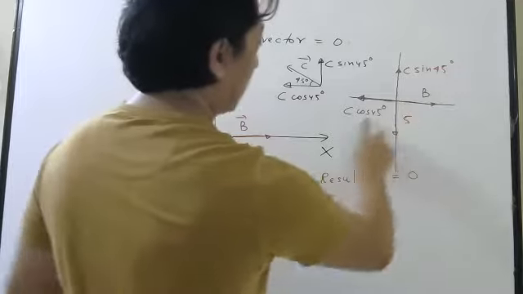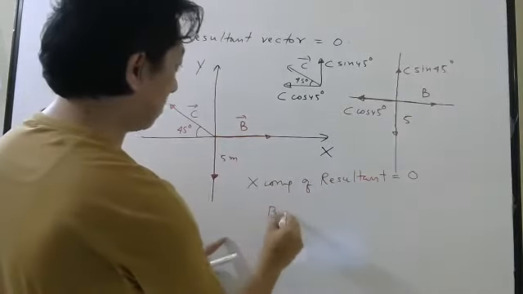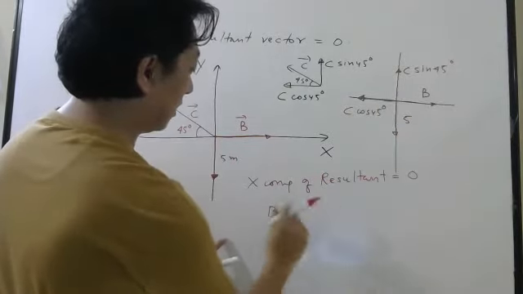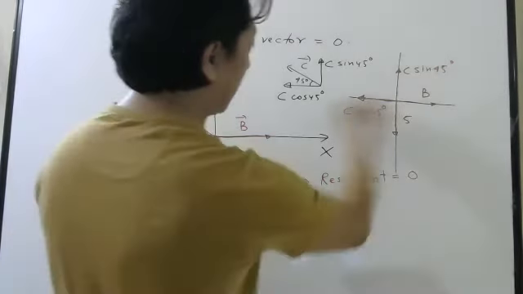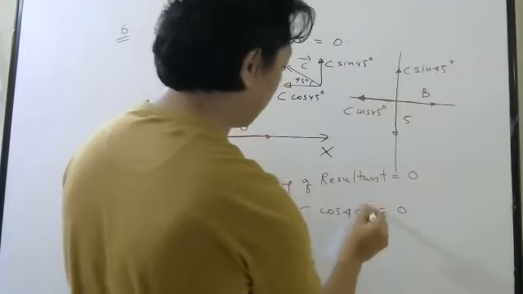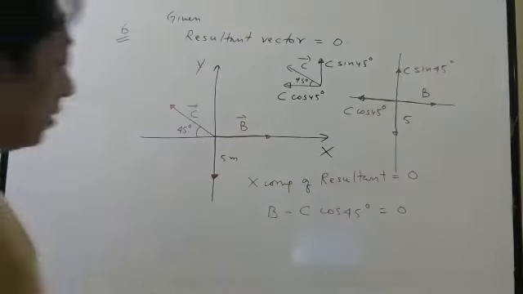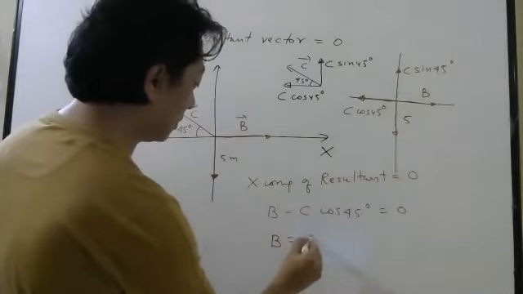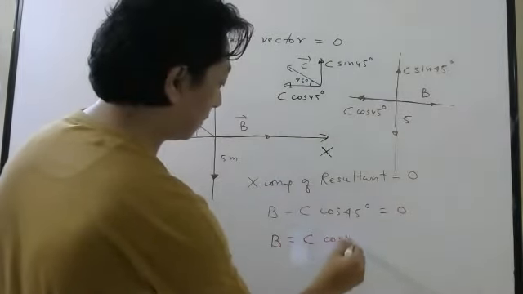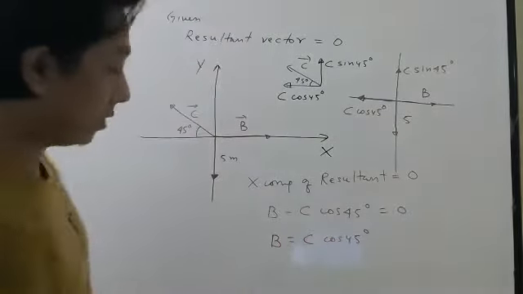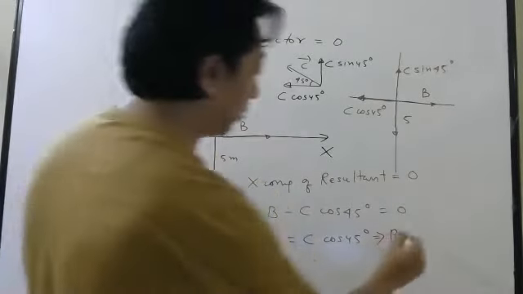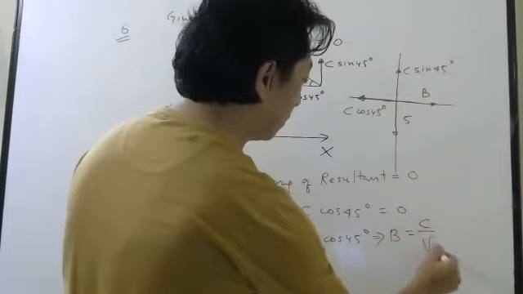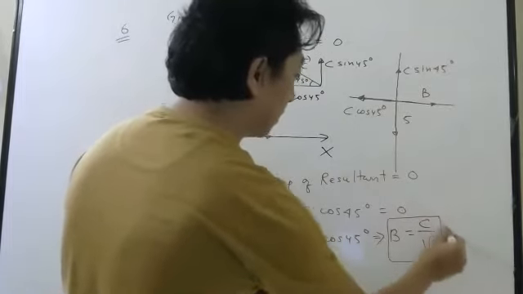So total of this and this will be B minus C cos 45. Why minus? Because this is in opposite direction. That should be 0, which means B should be equal to C cos 45. That implies B should be equal to C by root 2. This is your first equation.